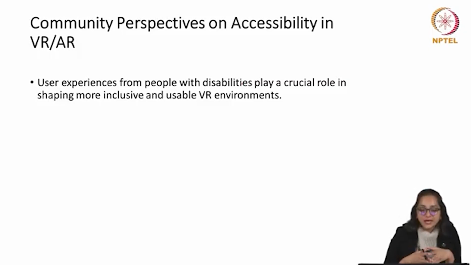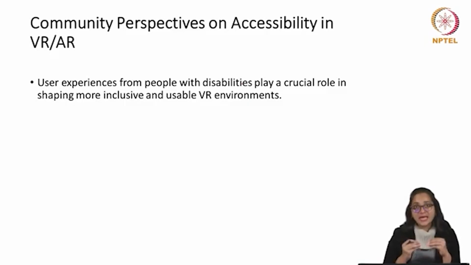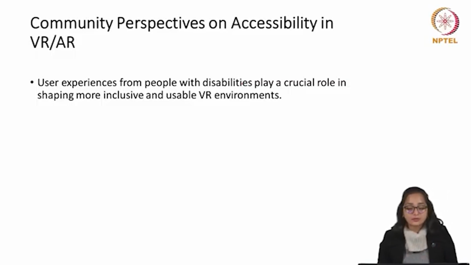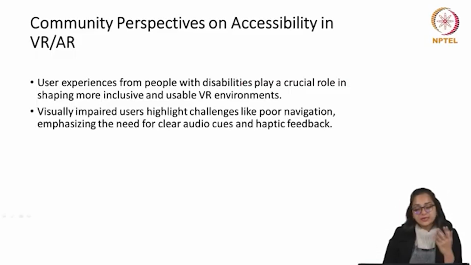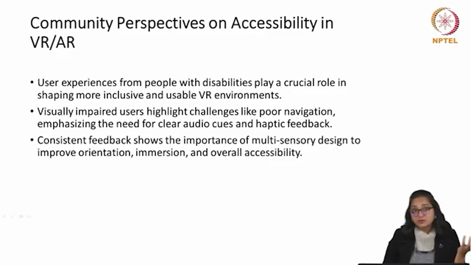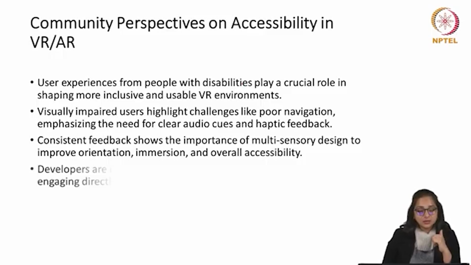Feedback from people with different use cases and different abilities can help you enhance the systems in a much better way. Visually impaired users can highlight challenges regarding poor navigation, emphasizing the need for clear audio, haptic feedback, multimodal feedback, etc. Consistent feedback shows the importance of multisensory design to improve orientation, immersion, and overall accessibility.